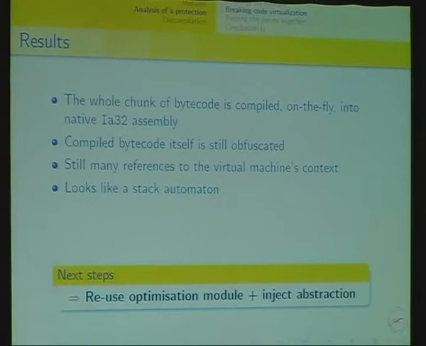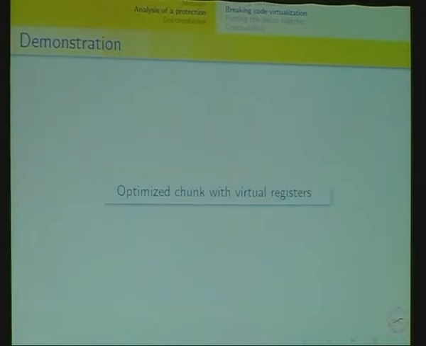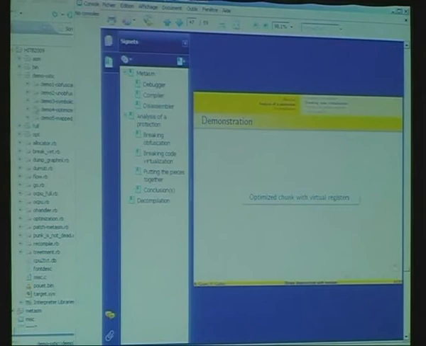When we know that the references to the EDI register are references to the virtual machine context, we can get rid of them, and thanks to the one-to-one mapping, we can recover native registers. To inject the abstraction, we simply extend the native CPU model of Metasm, which is done quite easily in a few lines, and we add support for the virtual registers of the virtual CPU. So I will show you the same code once optimized and when we have injected abstractions into it.